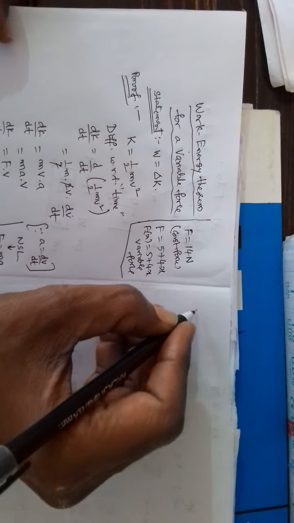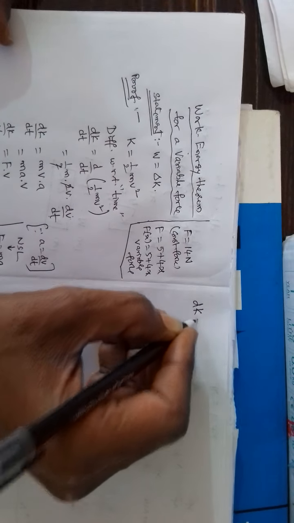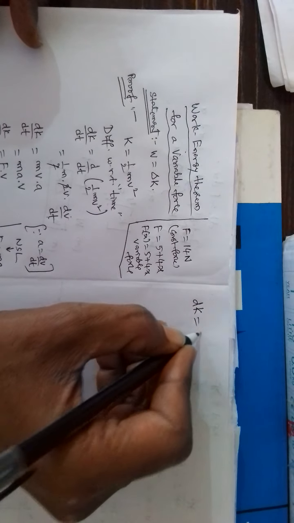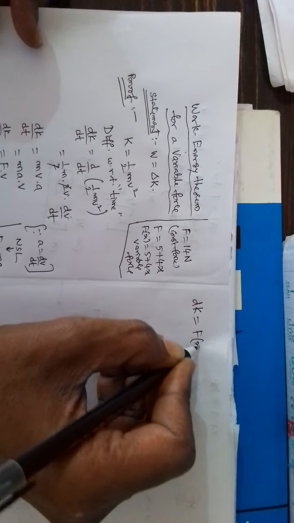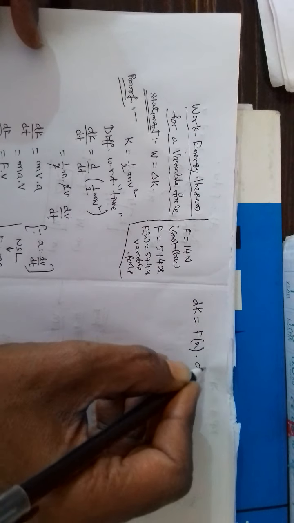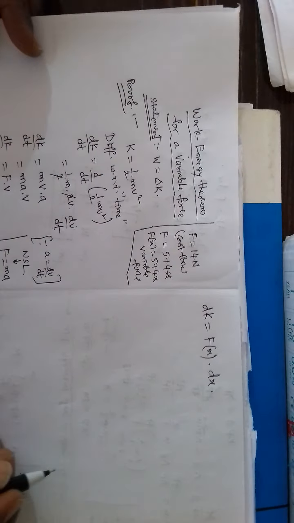But here F is a variable force. Therefore, we must write dK is equal to, force is a function of x, and dx. Like this we must write.